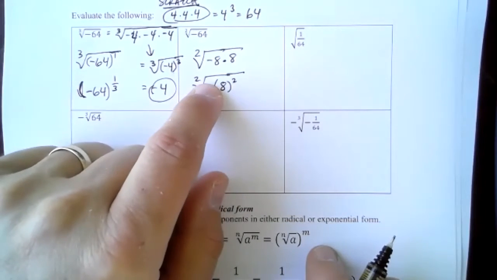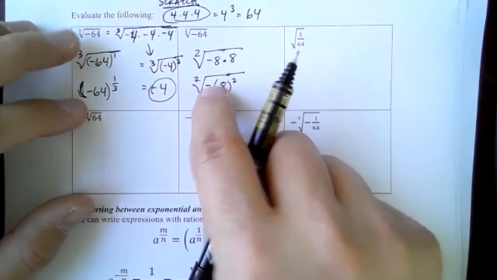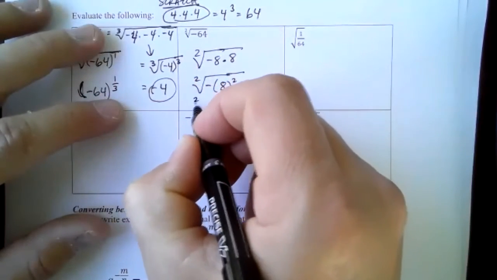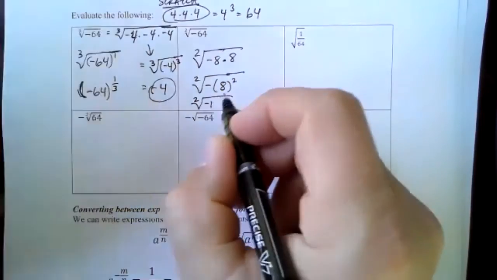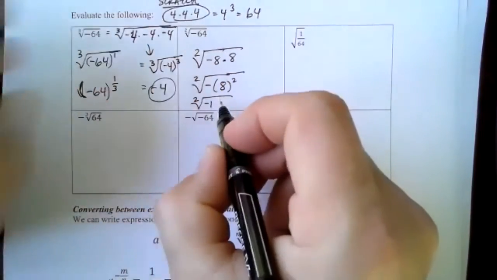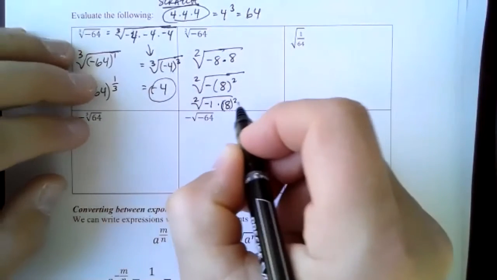The negative is not going to be squared here. So that's going to be a problem because we've got 2 times the square root of negative 1 times 8 squared, okay?